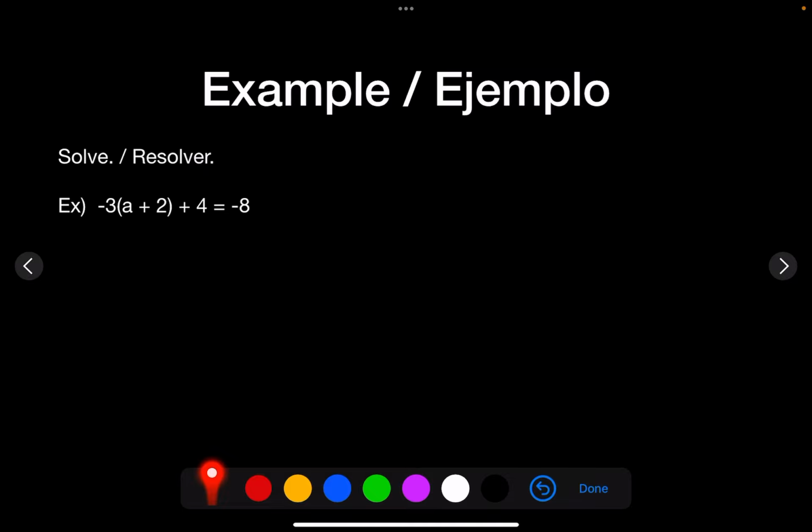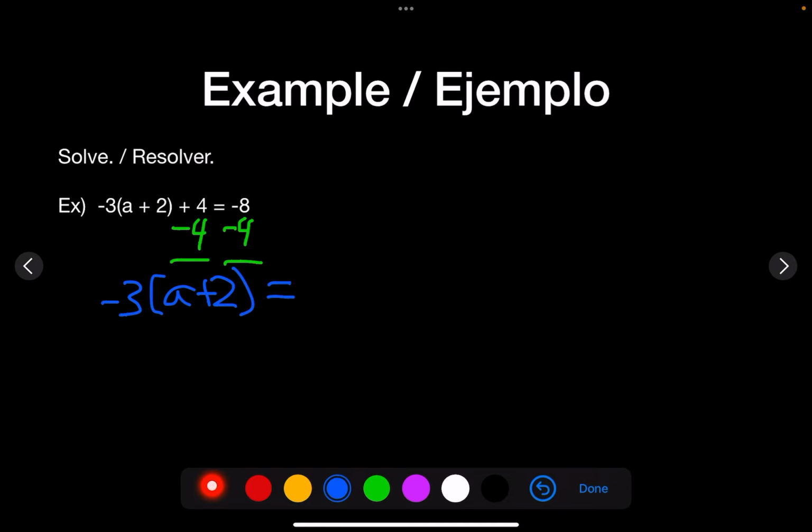So in this first review example, we're going to see that this parenthesis can be treated like a term. So we're going to get that 4 to the other side using its inverse operation of -4. And then we bring down our regular -3 and then a plus 2, unchanged.